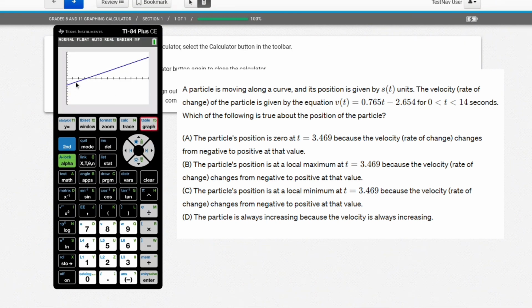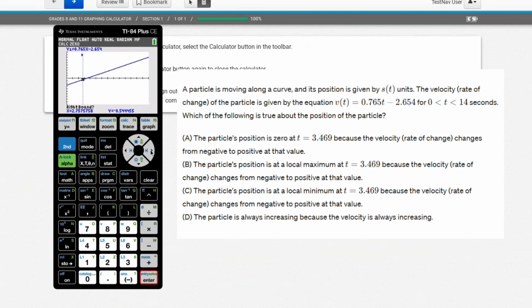Now, remember what I said on this slide. When you have a negative slope, that means your actual function is going down. When we have a positive slope, that means our actual function is going up. So here is a negative slope, here is a positive slope, and we should probably find out where that changes. So second calc 0 will tell us where our slope, or this velocity function, changes from negative to positive.